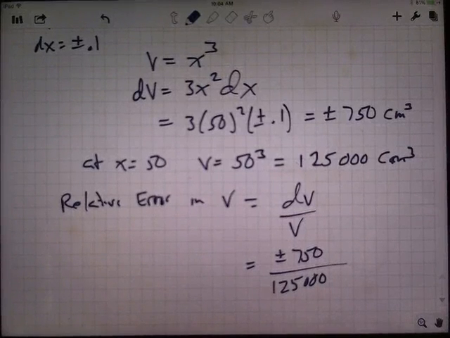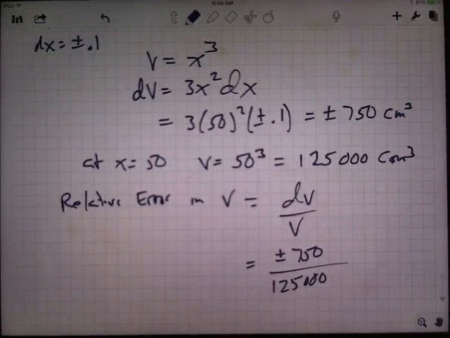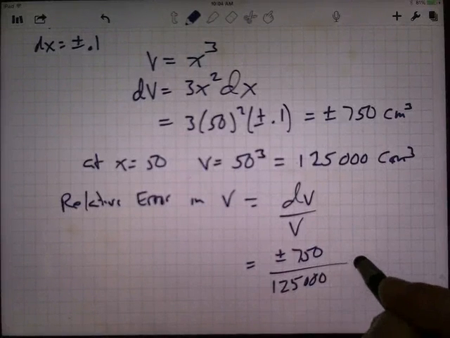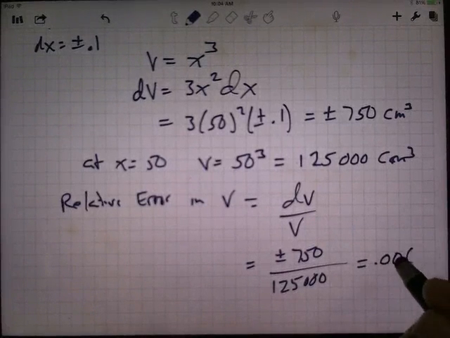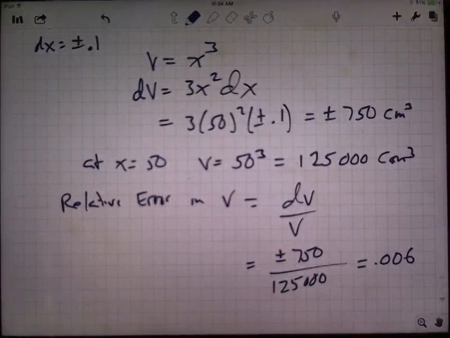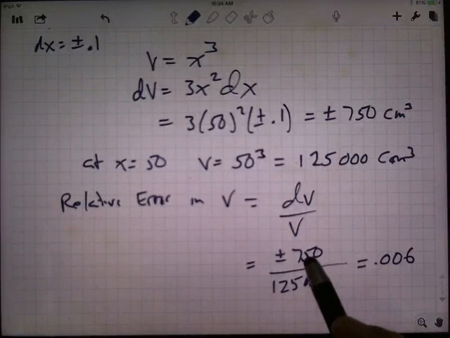So if I take my 750 and divide it by 125,000, I get a relative error of 0.006. Essentially it's a fraction of the total: the error was what fraction of the total volume.